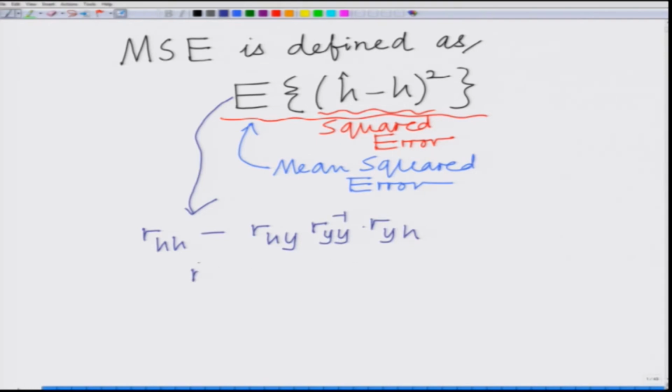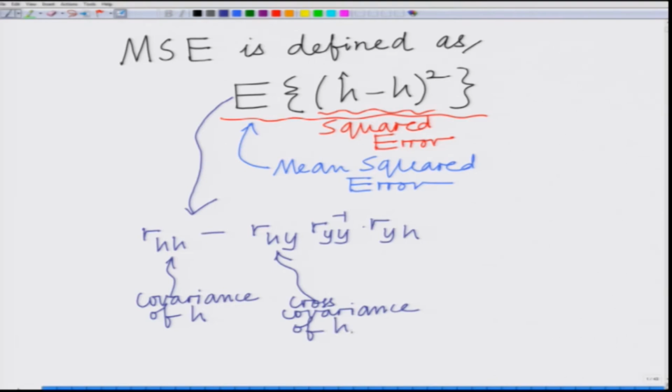Here, R_HH is the covariance of H, R_HY is the cross covariance of H comma Y, and R_YY is the covariance of Y, or the covariance matrix, depending on whether Y is a vector or a single scalar quantity.